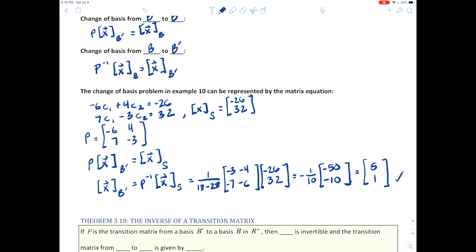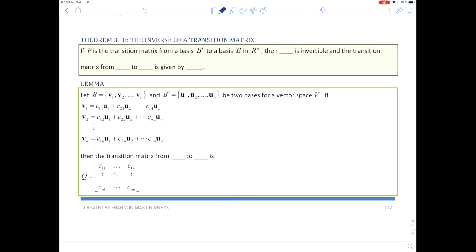Okay. All right. So the inverse of a transition matrix. If P is the transition matrix from a basis B prime to a basis B in Rn, then P is invertible, and the transition matrix from B to B prime is given by P inverse. Cool? Now, here's a little FYI for you.